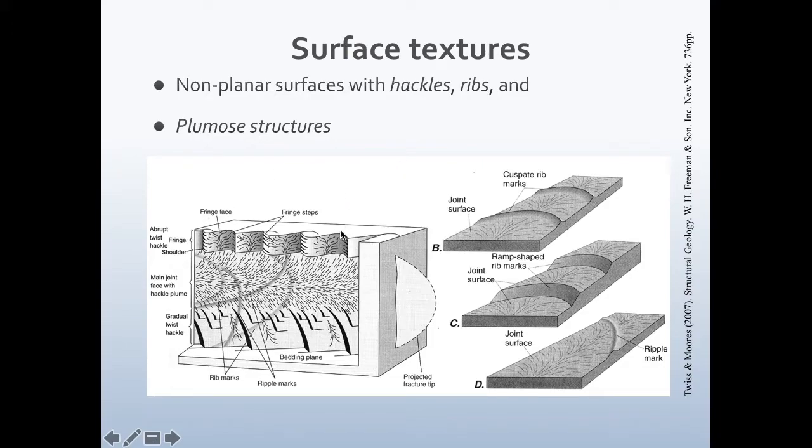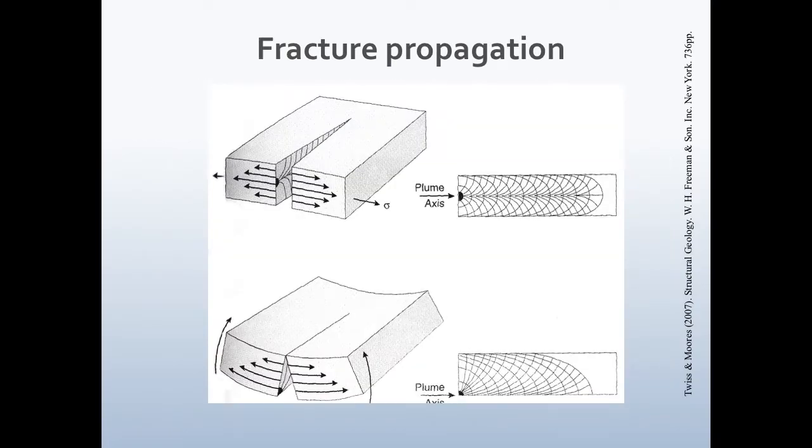Not going to worry about that in this class. But just know that these features have been described and studied in quite a bit of detail. The most interesting thing for our purposes is we can learn about the way the fractures are forming by looking at them.